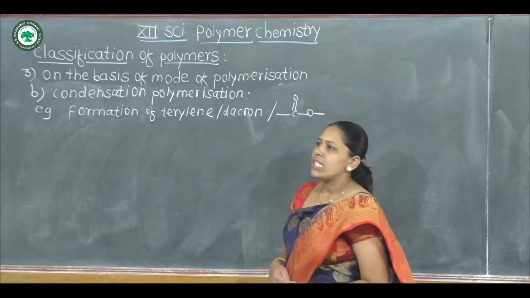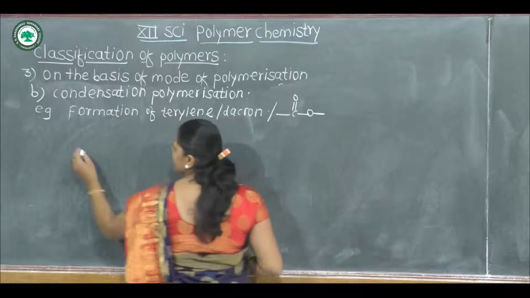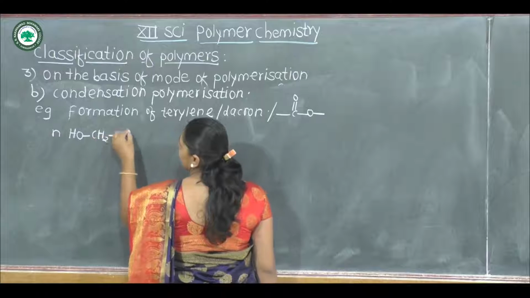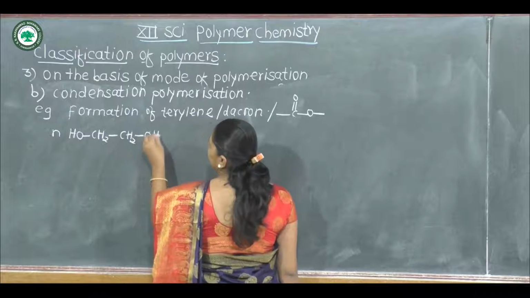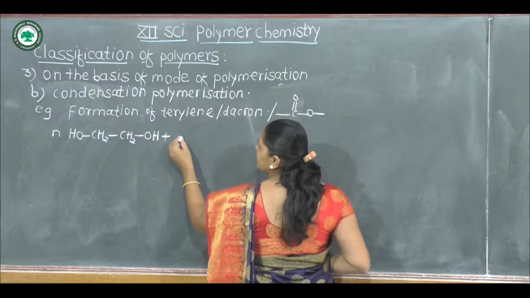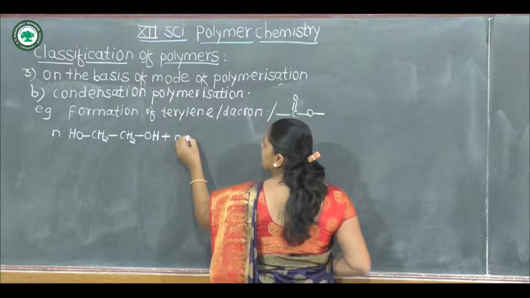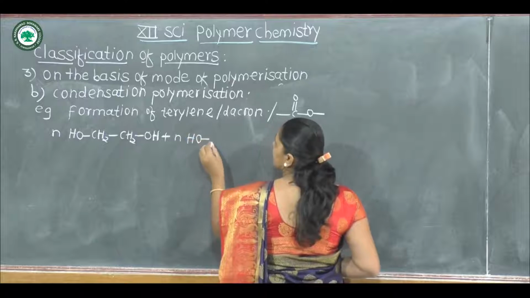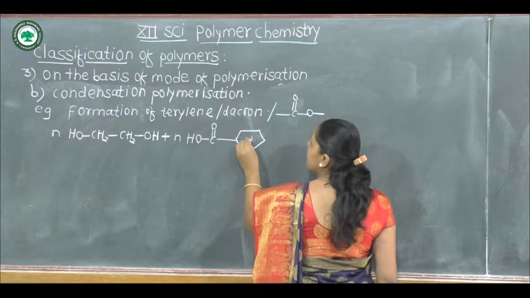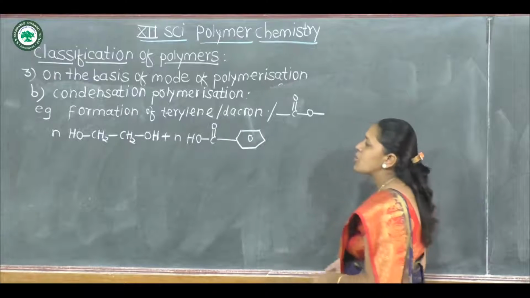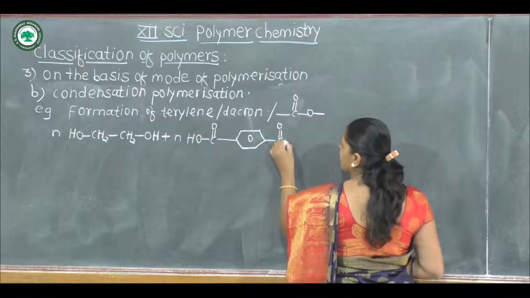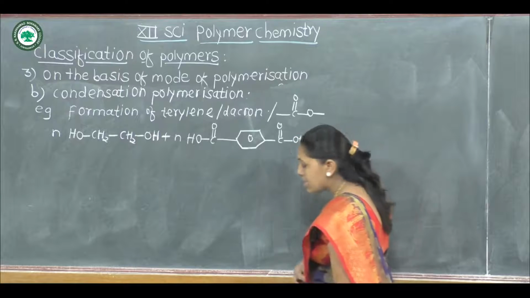The monomers are ethylene glycol and terephthalic acid: n number of ethylene glycol plus n number of terephthalic acid. It is a dicarboxylic acid with two COOH groups present at the para position. This is ethylene glycol.